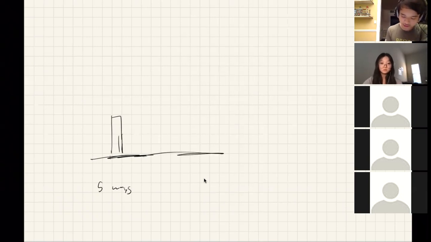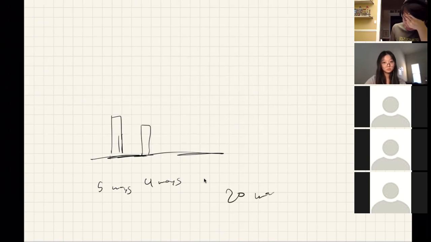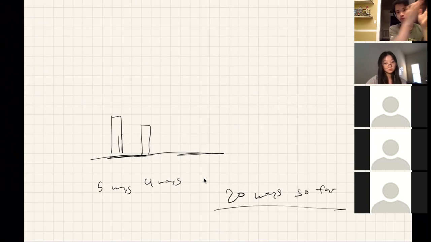Then there's 4 ways to choose the block for the second tower, because you can't have the tower of the same height as the first one, right? So there's 4 ways for the second tower. So you have 20 ways so far. So 20 ways gives you your first block of the first tower and your first block of the other tower.